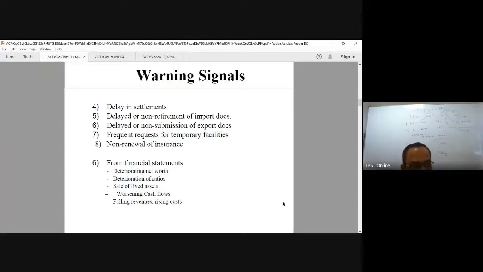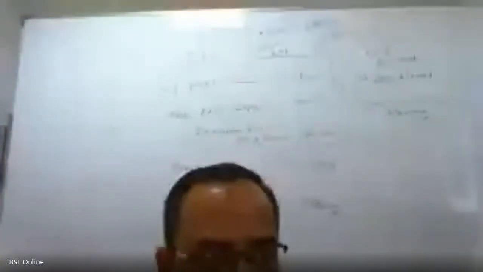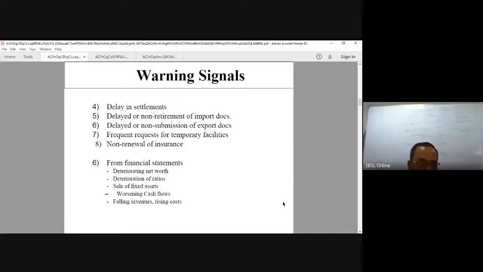And many a time the customer will come and ask for temporary facilities. Give a TOD, give a TOD, give a TOD. I mean, allow me to pay this check and all that. When that is frequent, then it's bad, right? Frequent means that is bad. Why? Because he is in hardcore position in his account, and then he is operating in excess of the limits now. So he continuously comes and asks for temporary facilities. So it's a wrong signal.